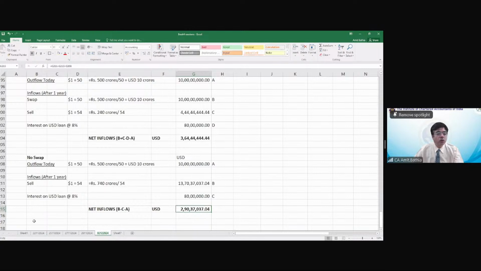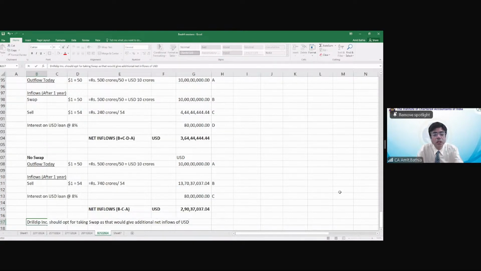So, Swap, sir. So the company should opt for taking the swap as that would give additional net inflows of USD.